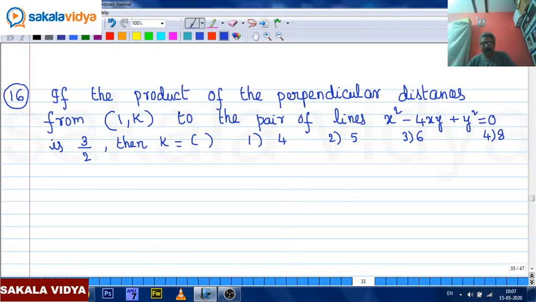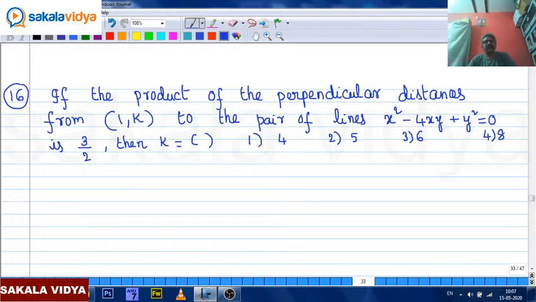Right. So this question is actually, here see, the product of the perpendicular distances from (1, k) to the pair of lines x square minus 4xy plus y square is equal to 0 is given, that is 3 by 2. Then we need to find out the value of k.